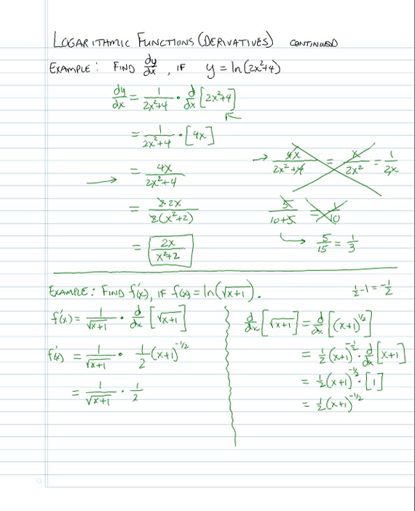So we have the 1/2 in this case, and here we would have 1 over x plus 1 to the positive 1/2 power. Now, let's look at what this results in. Why don't we put this 1/2 in front completely, and then we have 1 over the square root of x plus 1.